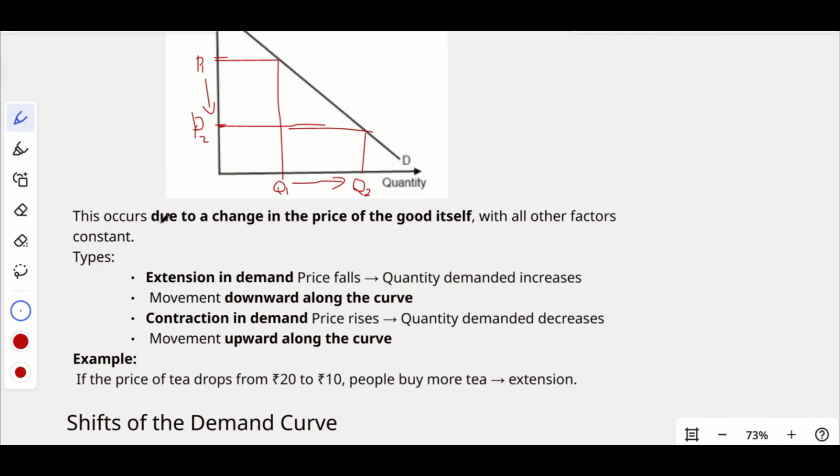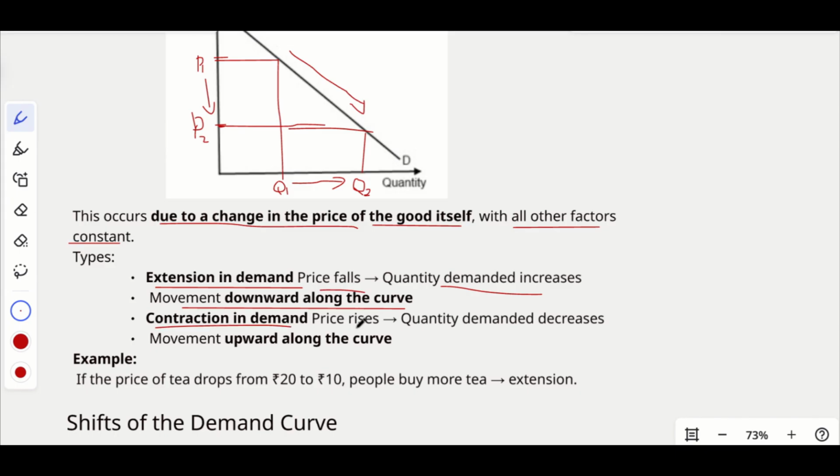When the price changes, the quantity demanded also changes with all other factors constant. There are two types of changes. The extension in demand: the price falls, the quantity demanded increases, and the movement is downward along the curve, from this point to this point.